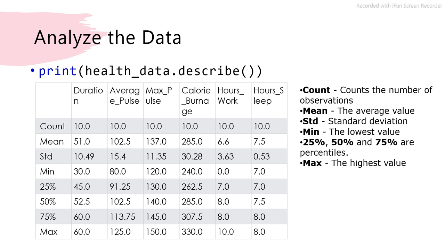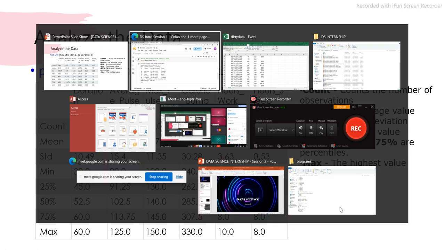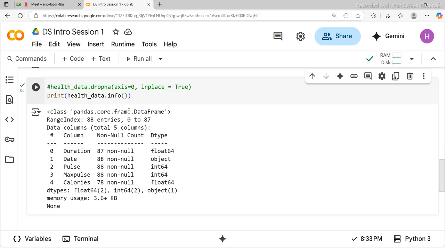Then there is a simple function called describe, which will give you all the basic statistics about your data set. You just give one word, which will do a lot of work for you. I am going to give just health data dot describe and execute.